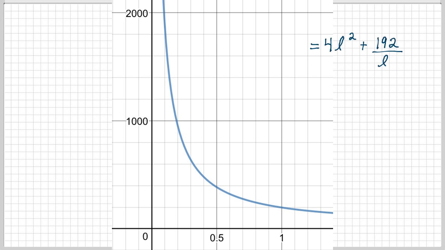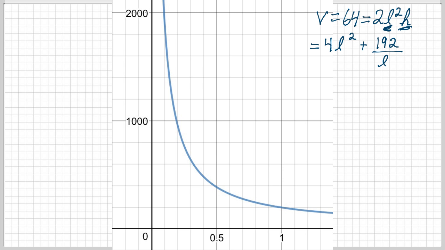And so what is happening as the volume stays constant? Well, as the volume stays constant, if L is going to 0, then H is shooting off to infinity.